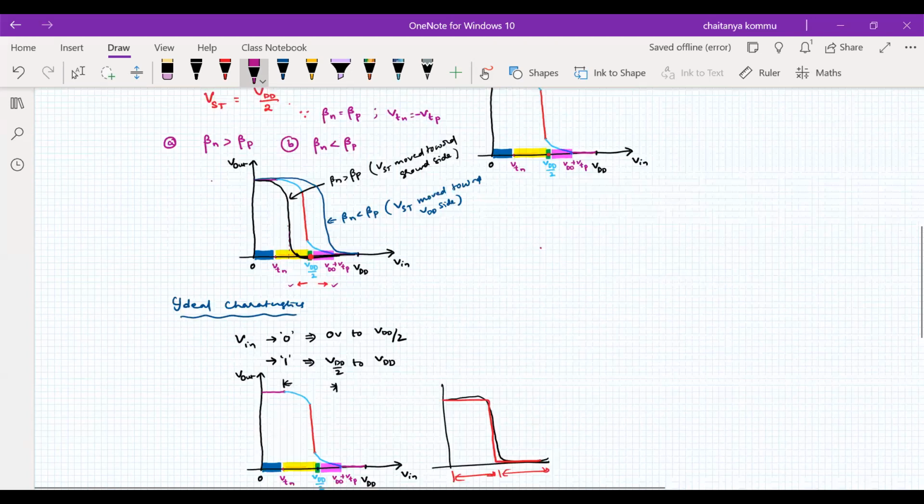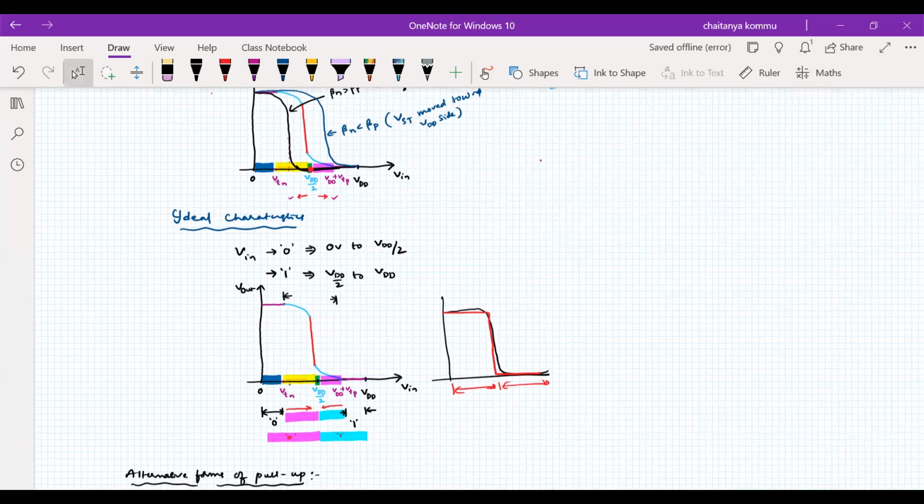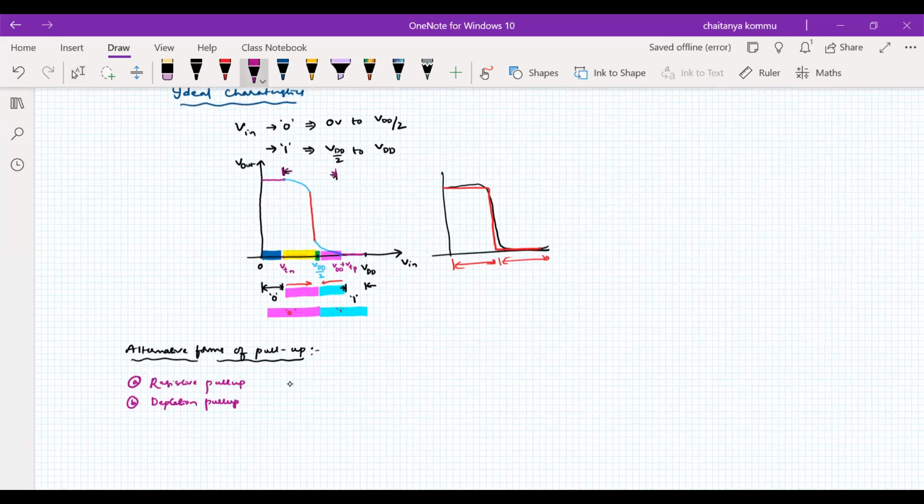Now, our observation is that we want to make this transition period as small as possible. It must be equal to the ideal characteristics. In order to do this, we have to increase the Vil value from Vtn to some VDD by 2, and this was also something like this. When it reaches this, the Vil for the logic 0 is extended to VDD by 2, and noise will be effectively reduced.